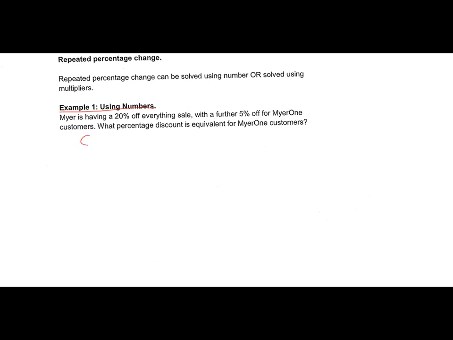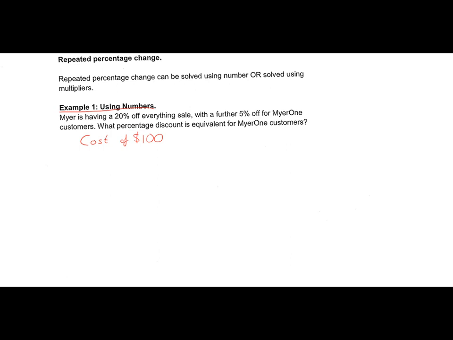So let's say there's something in the shop that starts with a cost of $100. The link is to percentages. We start from 100%. Okay, so first we take 20% off, because it's a 20% off everything sale.